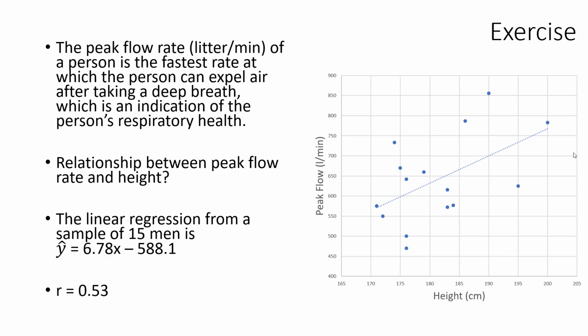They made the scatter plot and found the least squares regression line: the peak flow is determined by 6.78 times height minus 588.1. And the correlation coefficient from their calculation is 0.53.